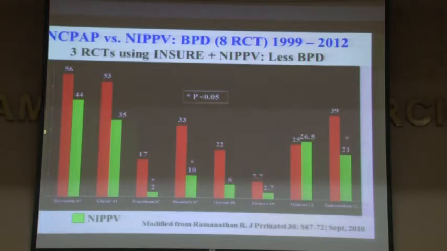In 3 of these studies, there is a statistically significant reduction in BPD with NIPPV compared to nasal CPAP. Again, secondary outcome. So nobody has done a study using BPD as a primary outcome comparing these 2 modes of ventilation. Clearly, there is a trend in the other studies.